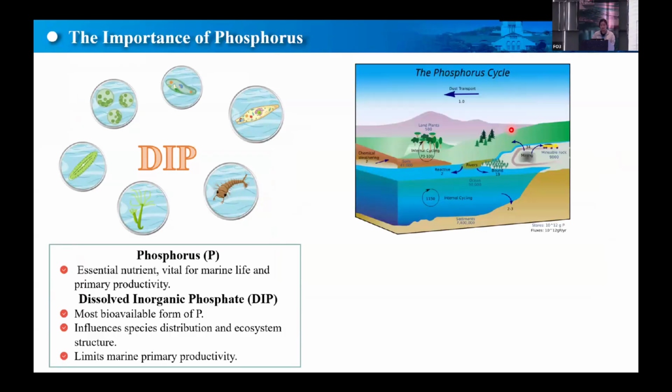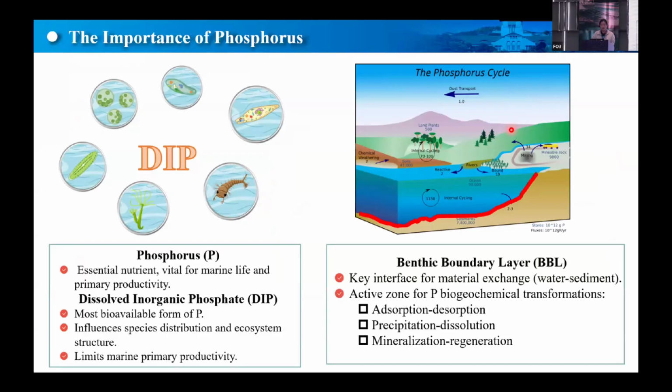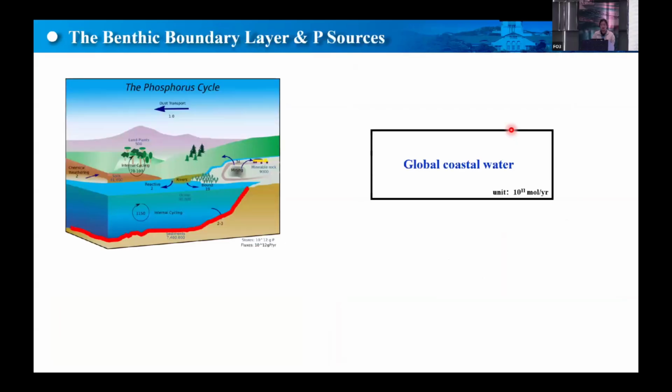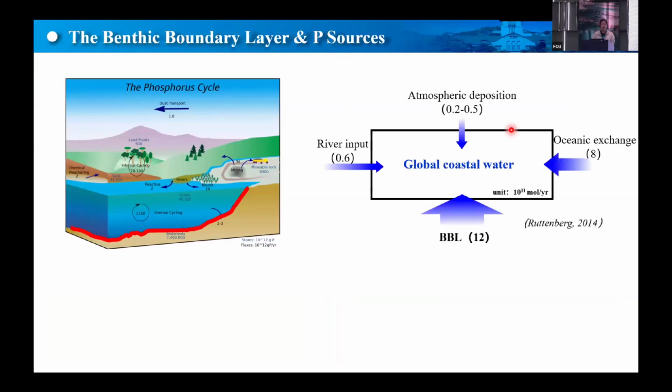of the ocean. The marine benthic boundary layer is a key interface for material exchange, and it's an active zone for phosphorus biogeochemical transformations like adsorption, desorption, precipitation, etc. The phosphorus of global coastal water comes from river input, atmospheric deposition, oceanic exchange, and the benthic boundary layer.